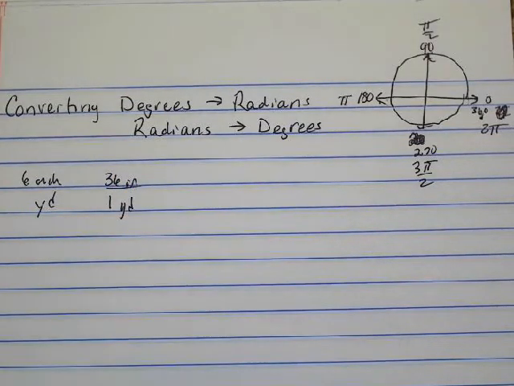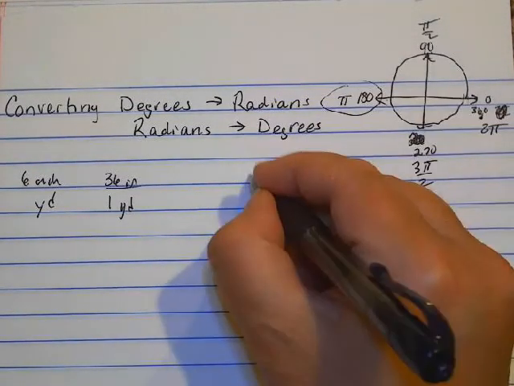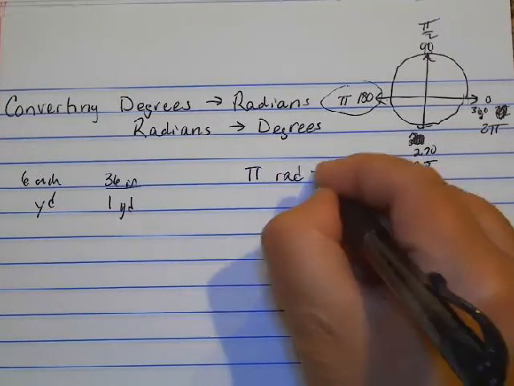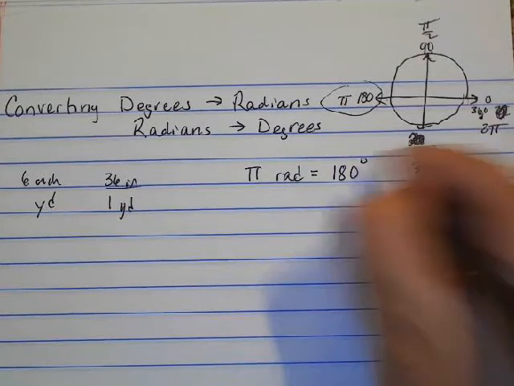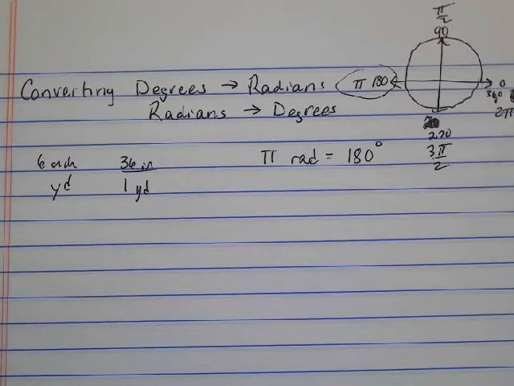So what we're using here is we're trying to find some kind of unit that we can use to compare to. And we know this unit right here. We know that pi radians is the same thing as 180 degrees. So I'm going to use that to convert.